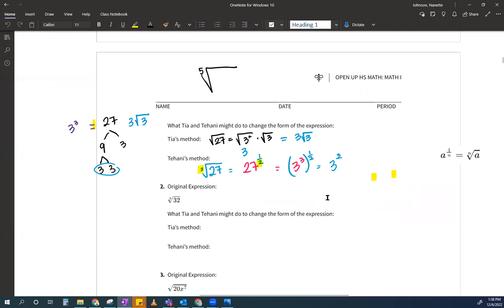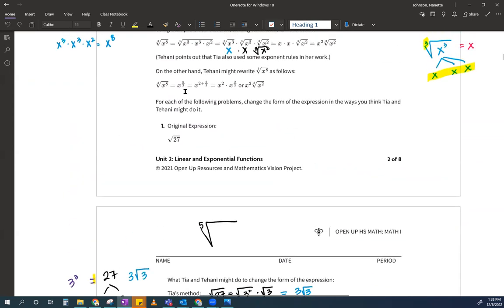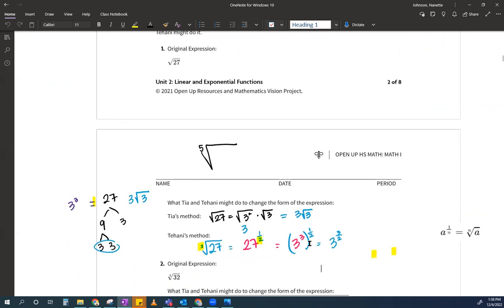And you're like, okay, Ms. Johnson, how does this become that? Well, just like we did before, 3/2 is really what as a mixed number? So how do you write 3/2 as a mixed number? Yeah. So I'm going to write 1 plus 1/2, which means that becomes 3 to the 1st times 3 to the 1/2.